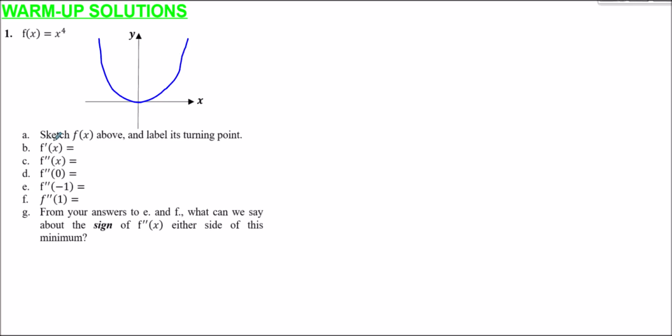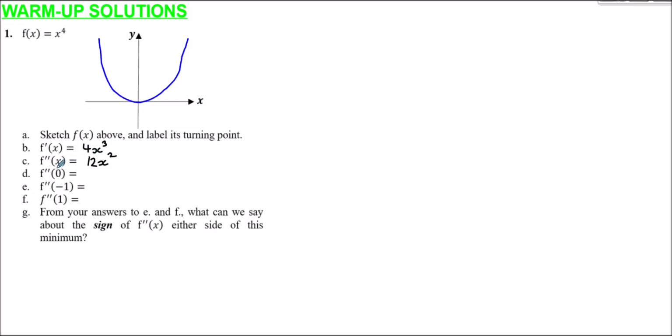So for part b, what's f dashed? Differentiate once, that's going to be 4x cubed. Bring the 4 to the front, drop the power by 1. The second derivative, if I differentiate again, bring the 3 to the front and multiply it by the 4 gives 12, drop the power by 1 gives x squared.